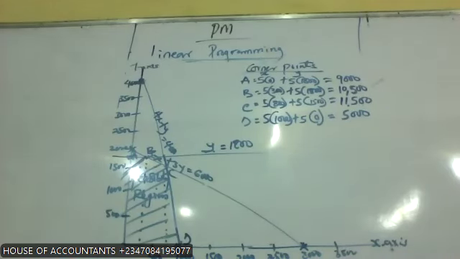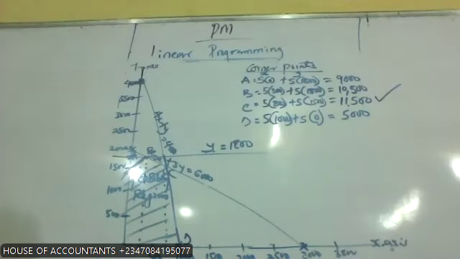What is the optimum point? Point C, 11,500. Point C is the optimal point. What does that mean? How are you going to put it when you want to finalize? The optimal point is the one that maximizes the contribution of the company.